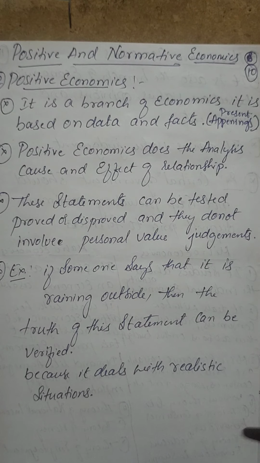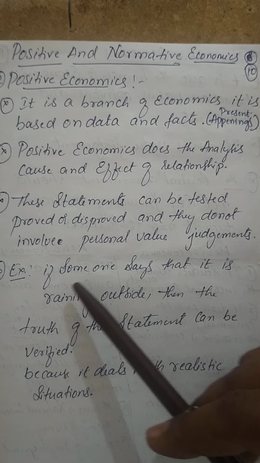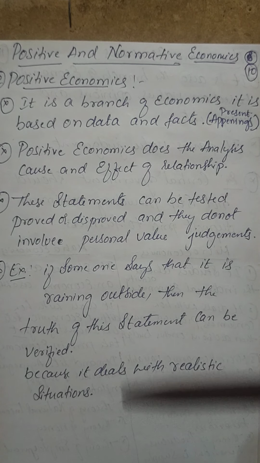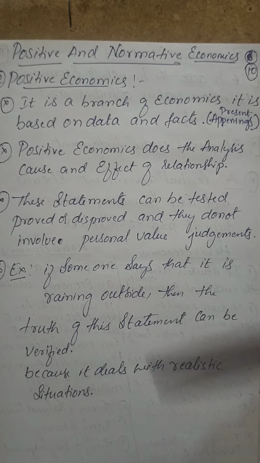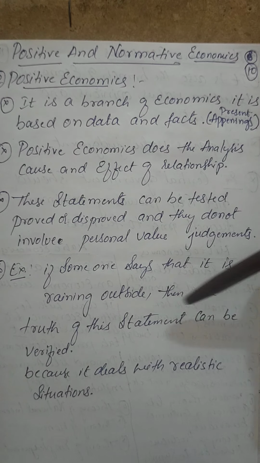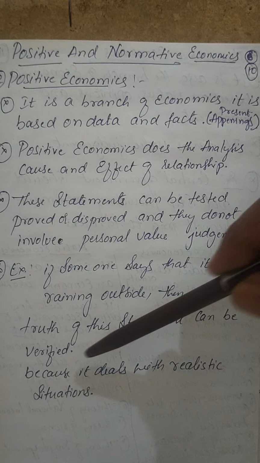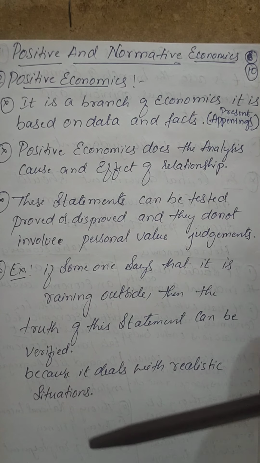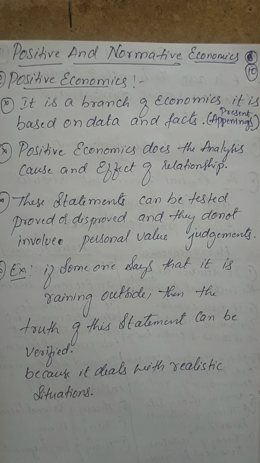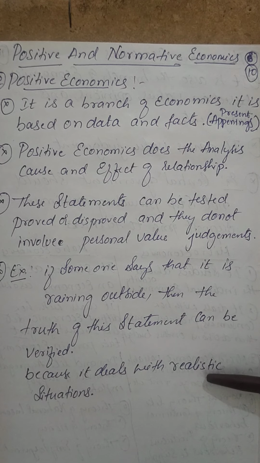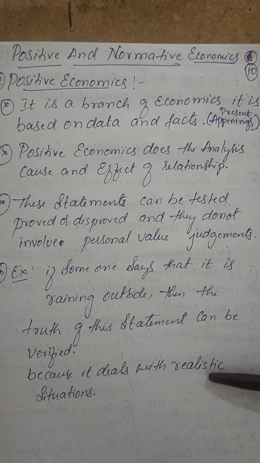Let us take an example. If someone says that it is raining outside, like your friend or your father or your mother, somebody says that it's raining outside, then it is also the truth. This statement can be verified. How? You will come outside and you will observe. Based on the situation, this is a realistic situation, isn't it?